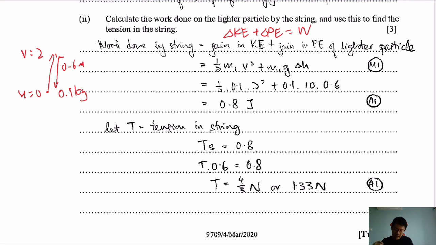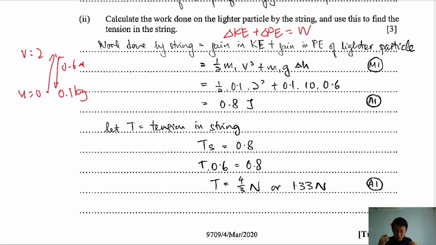Why we don't consider the work done in the previous case is because it is equal to 0: we were looking at one particle transferring energy to the other, so they balance. For this one, we are only looking at a certain part of the system, the lighter particle, so there is work done.